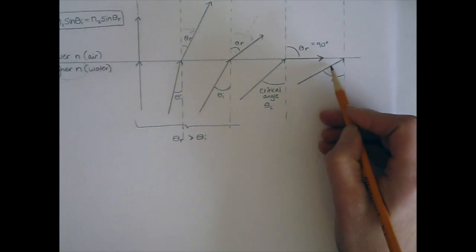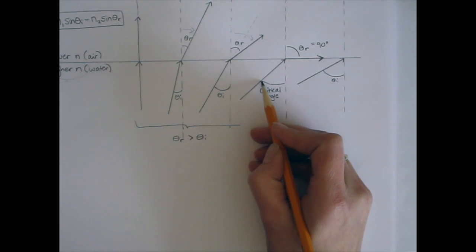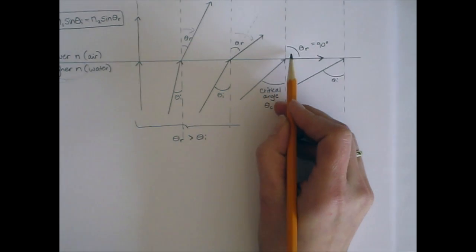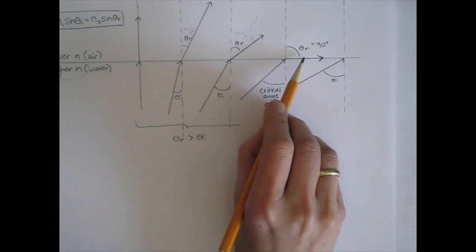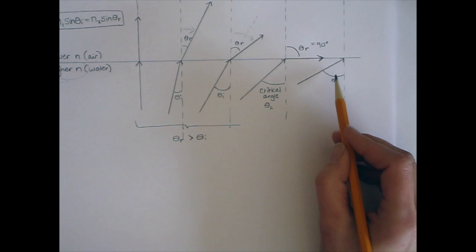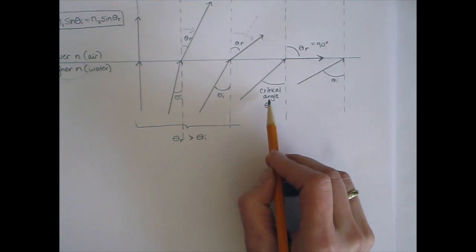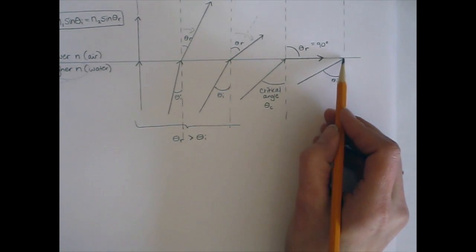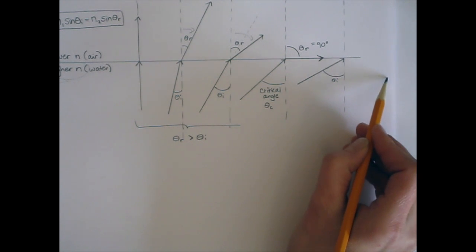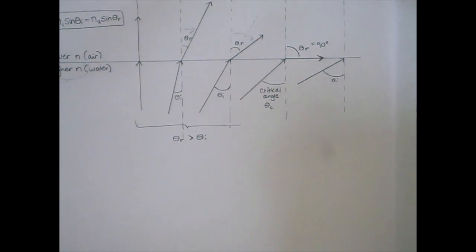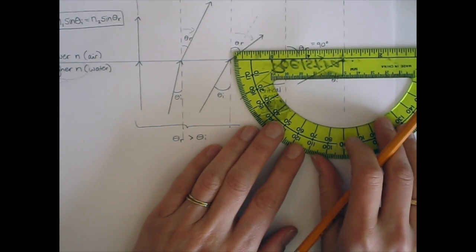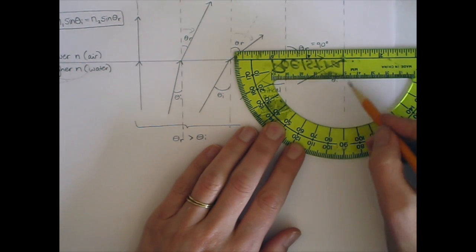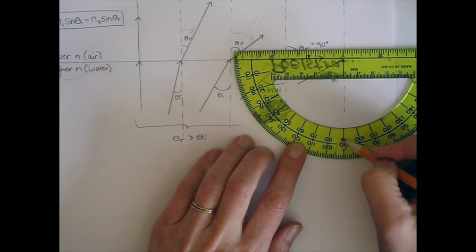You can see that this incident angle is larger than this one. The refracted angle can't get any bigger than 90 degrees, so it's gotten to its maximum. And what happens now? For any incident angle that's bigger than the critical angle, the entire light ray reflects back inside this medium. And now you don't need Snell's law because you just use the law of reflection. It's going to reflect just like a perfect mirror. So once you're past the critical angle, you just need the law of reflection.